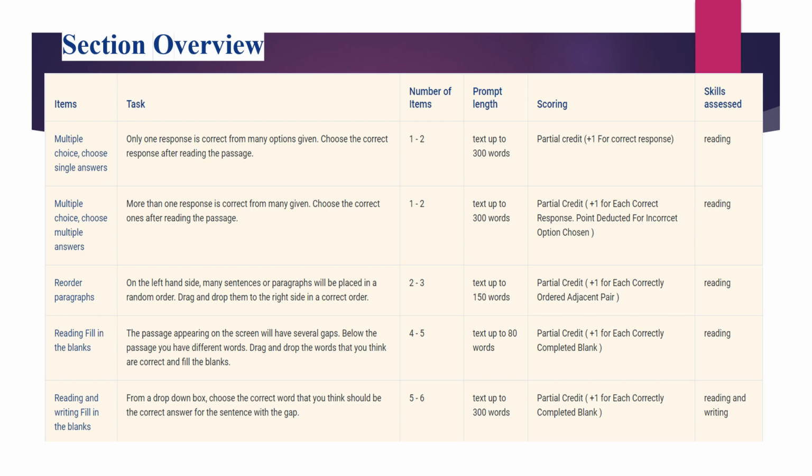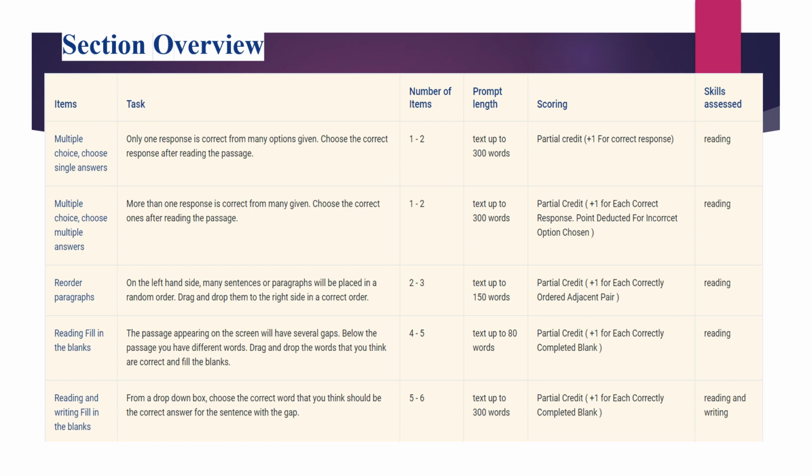Next, we have reorder paragraphs. In this section, on the left-hand side, many sentences or paragraphs will be placed in random order. You need to drag and drop them to the right side in the correct order. If you want to change the order, you have the option to do so once you think you have not placed it correctly.